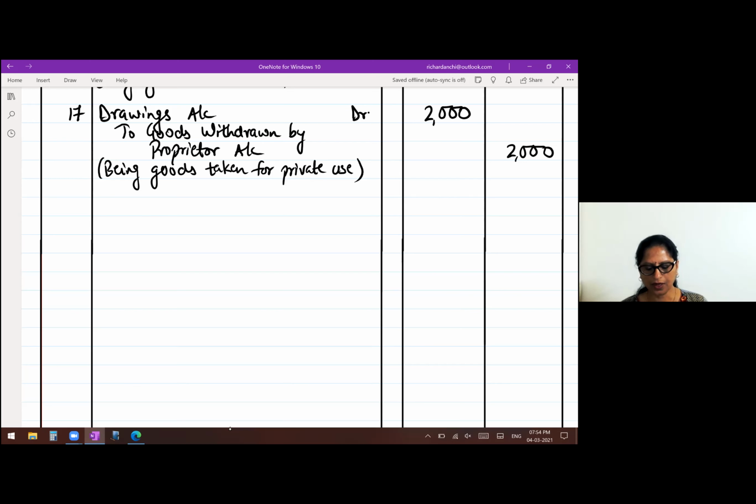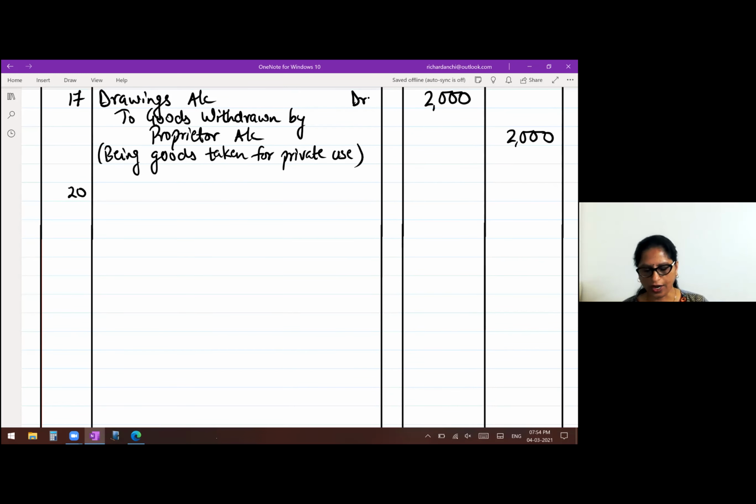Okay, 20th, purchase laptop of 40,000 from Joshi Electronics at 18% GST and paid by check. Okay, so now you're purchasing a laptop and you are paying by check. So you have to first write the entry. Laptop is an asset of the business. So it is real account.